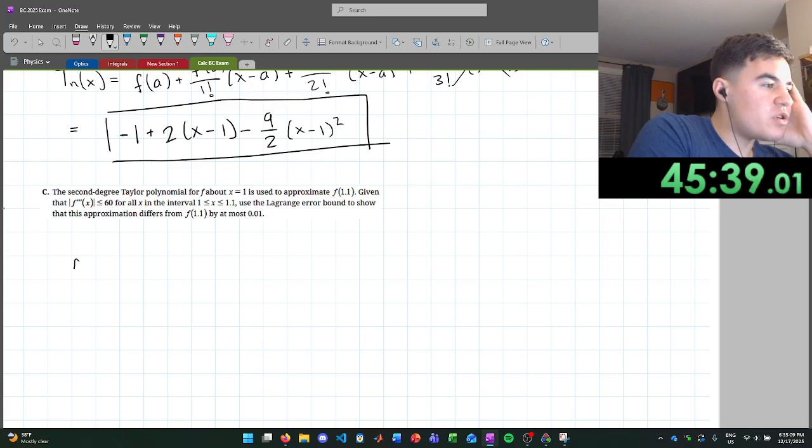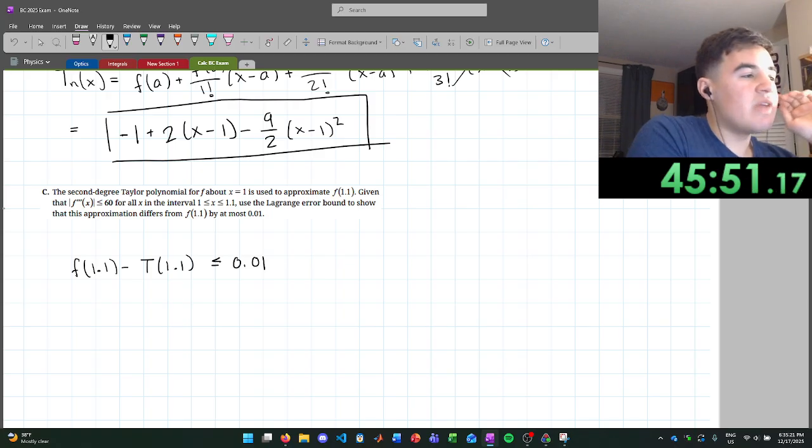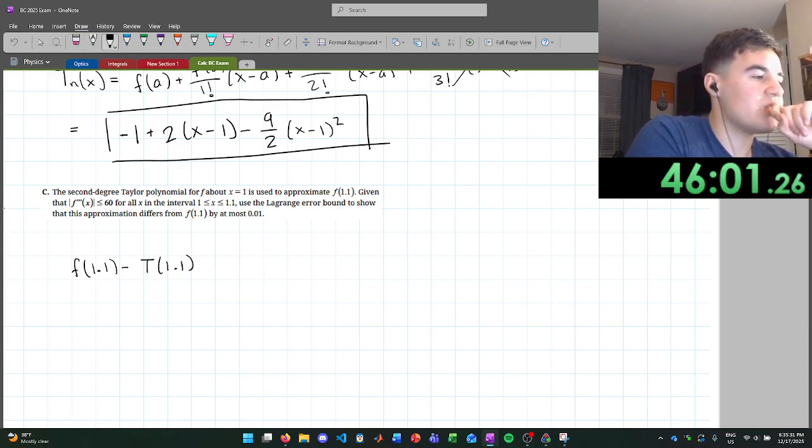It's like if we took f of 1.1 minus our Taylor approximation at 1.1, that's going to be less than or equal to 0.01. The difference between these two approximations is in our last term, f triple prime, right? So this has to imply that, if we consider, we want to show this, right? We know this minus this is our error bound, right?